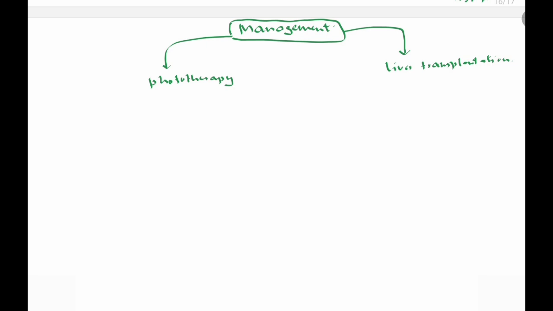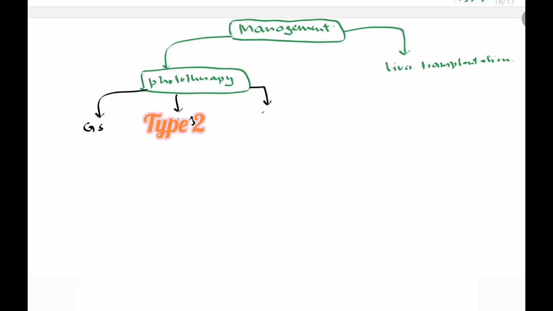So, what is the role of phototherapy in all the three types of hereditary unconjugated hyperbilirubinemia? In Gilbert syndrome, there is no role of phototherapy. In type 2, there is a role of limited phototherapy plus phenobarbital, while in type 1, intensive phototherapy is needed around 10 to 12 hours per day.